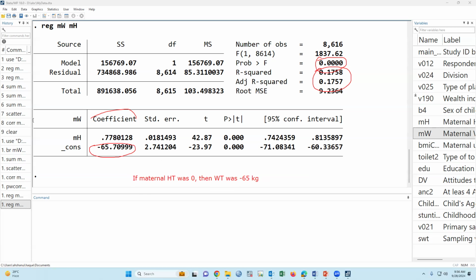The main interpretation is this. This value. What is the interpretation?